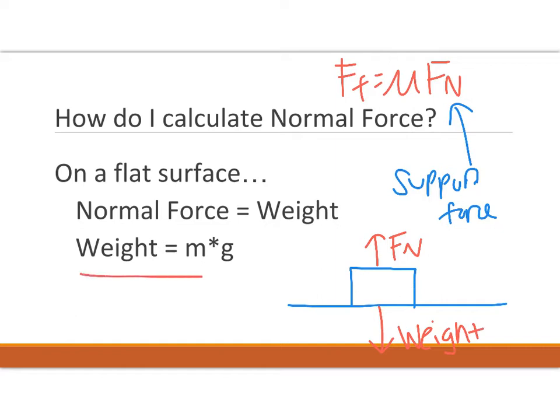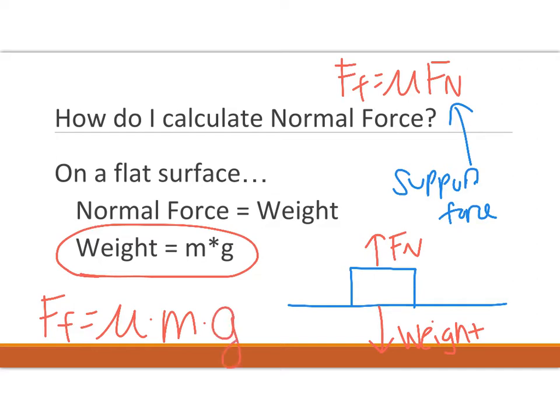And my weight is my mass times my gravity. Now this changes when we're at an angle, but we won't be covering that. But when we're looking for force normal, it's always mass times gravity. So we can actually rewrite this equation. Force of friction equals mu times mass times gravity.